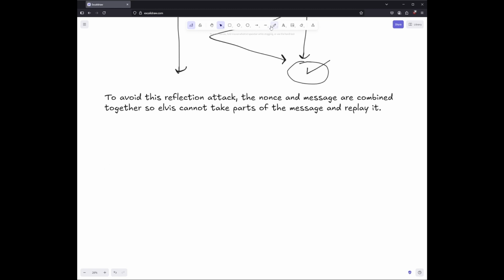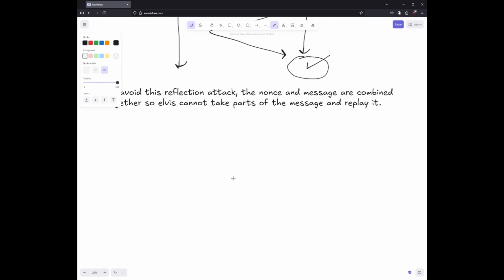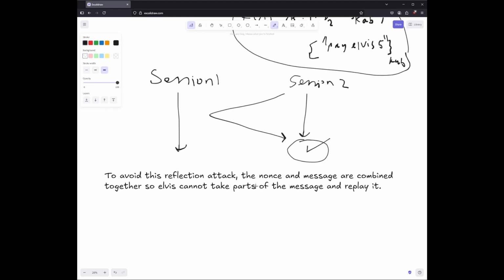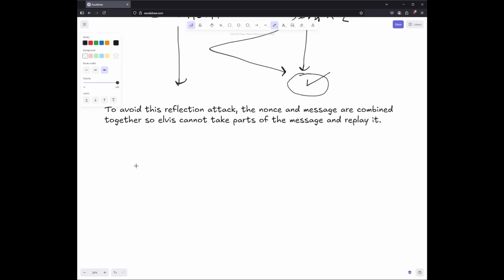So now we've seen the whole point of this symmetric encryption and how we can write it in this notation. One thing that symmetric encryption requires is a key establishment protocol.